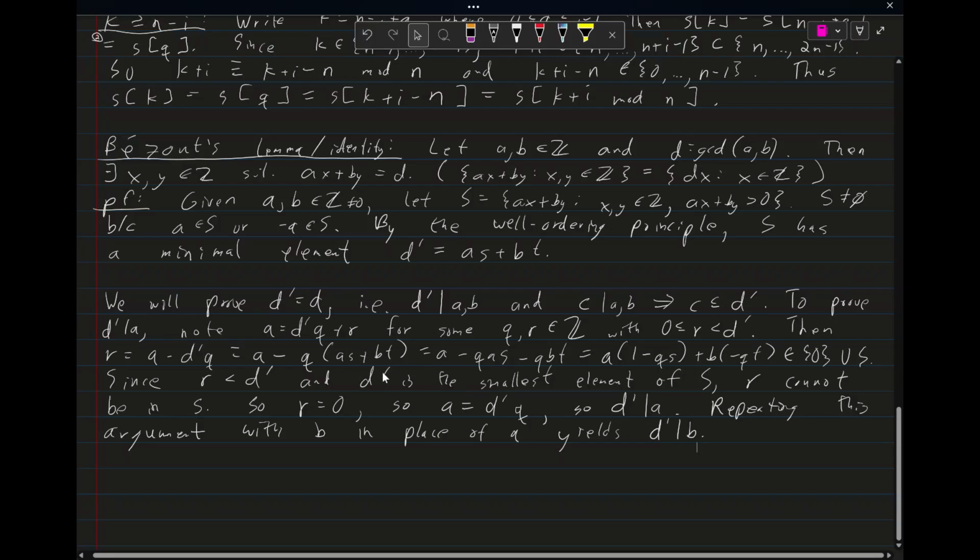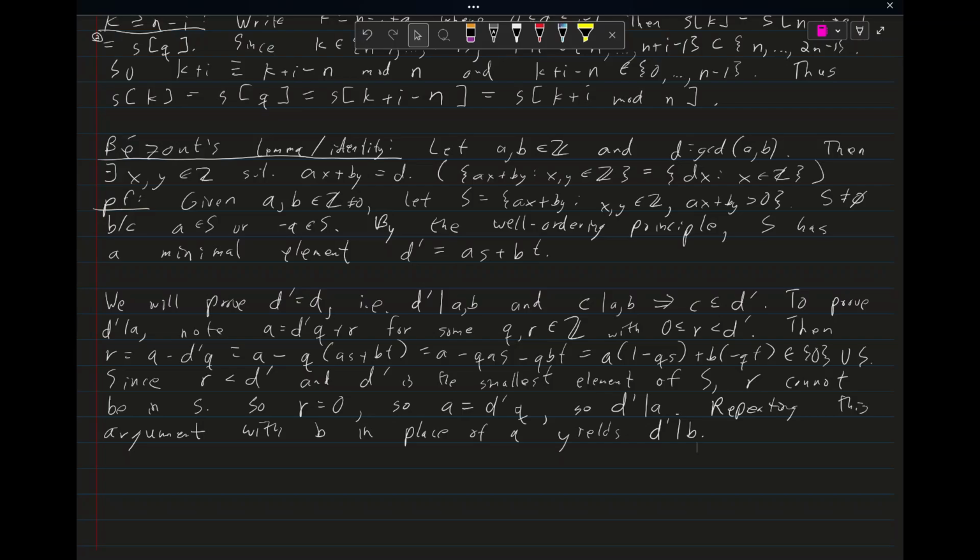And you will get that B is D prime times an integer plus some remainder, and that remainder is either in S or it's 0, and it cannot be in S, so it has to be 0. So that leaves B as an integer multiple of D prime, which means that D prime divides B. Okay, so now we have D prime divides A and B. Great.